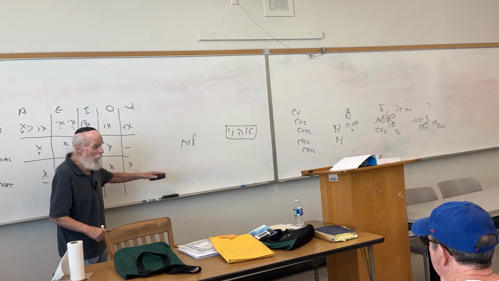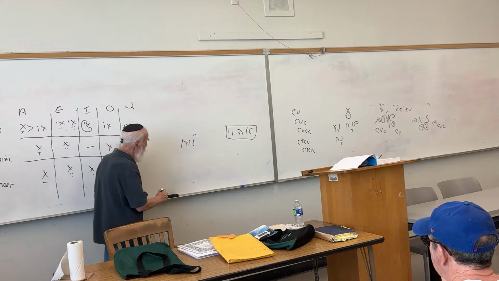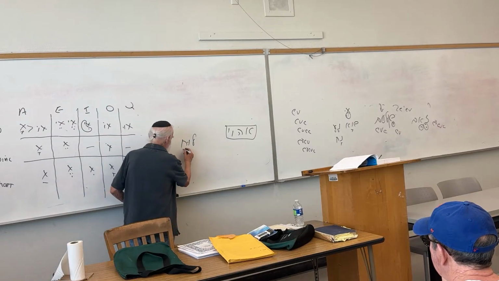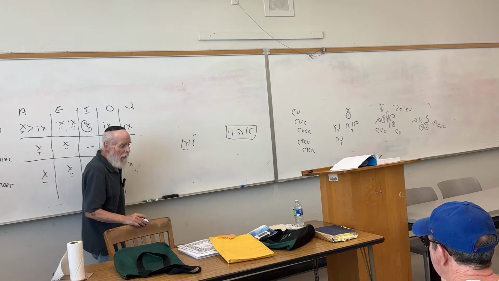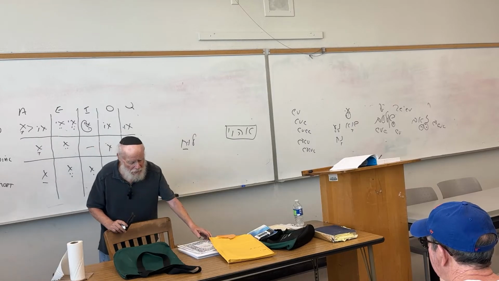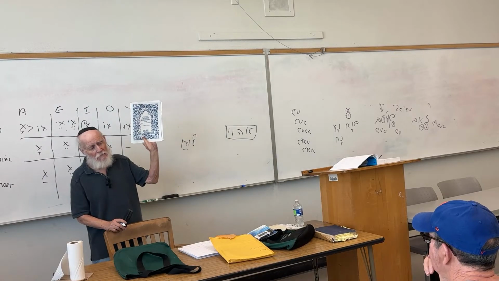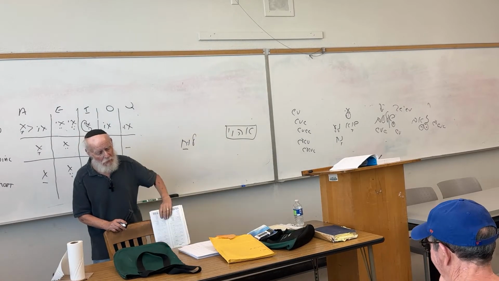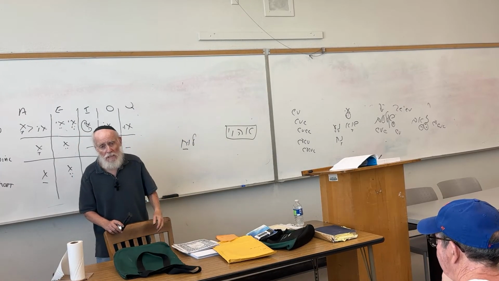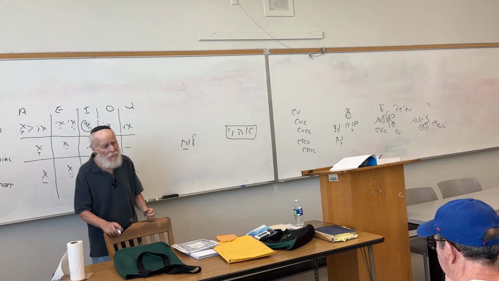That word luach, by the way, is a good word to know. It has multiple meanings. It means calendar. The calendar I have here in Hebrew is a luach, 5786 on it. Luach is also the word for tablet. Tablet.